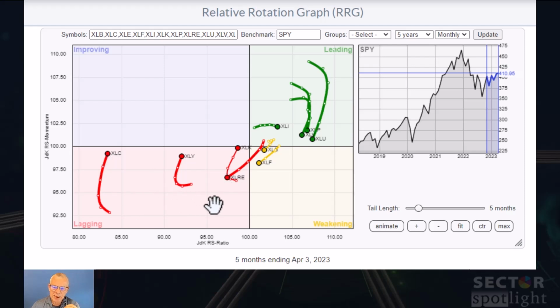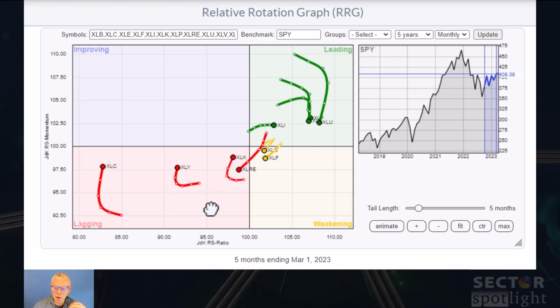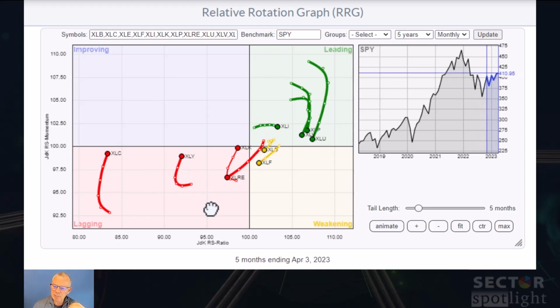And you can see how these tails have rotated back upwards over the last 3 to 4 months. And what is also happening, and what we've also indicated on Sector Spotlight, is that utilities, staples, and healthcare have been rolling over. So these monthly charts are underscoring what we already noticed on those weekly charts, that money seems to be moving out of defensive into the more offensive sectors.